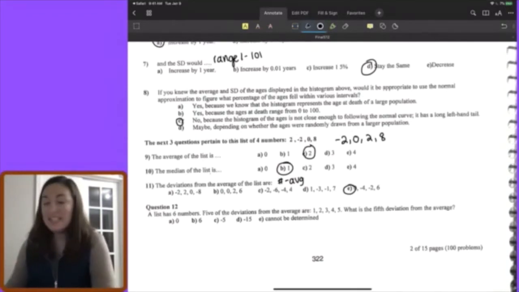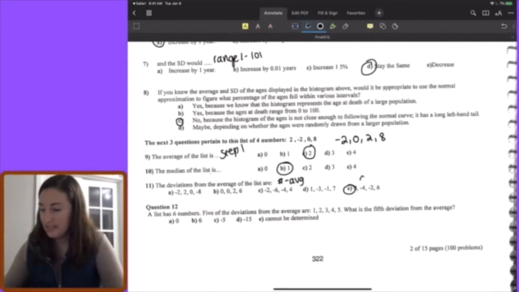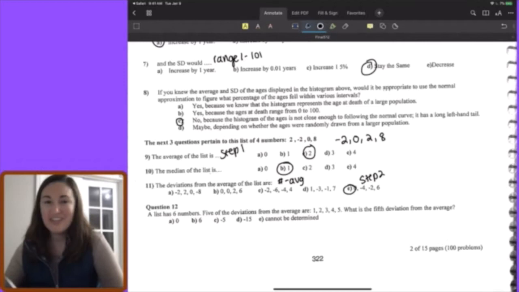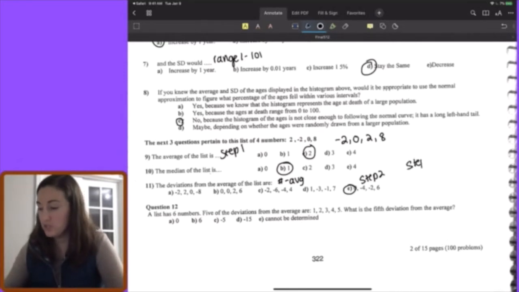And then if we wanted to find the standard deviation, I would go ahead and take these deviations. To find the standard deviation, this is step 1, this is step 2, and you can see chapter 4 for the other steps, but step 3 would be to square the deviations.